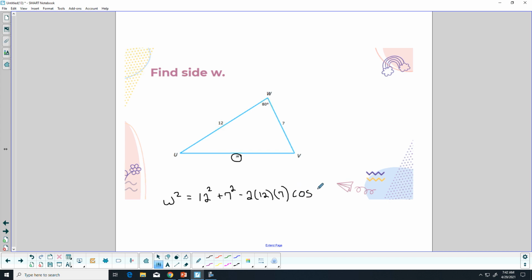Cosine 80 degrees. And now it just becomes some calculator work. So 12 squared plus 7 squared, and I get 193. And then I'm going to subtract 2 times 12 times 7 times the cosine of 80. I get 163, but I need to take the square root of that. And I get 12.8.